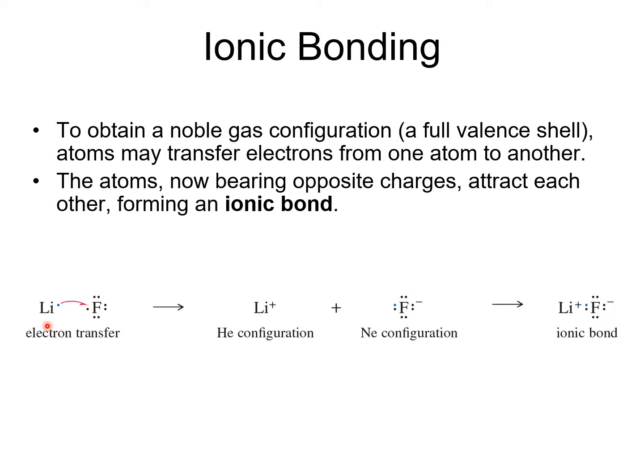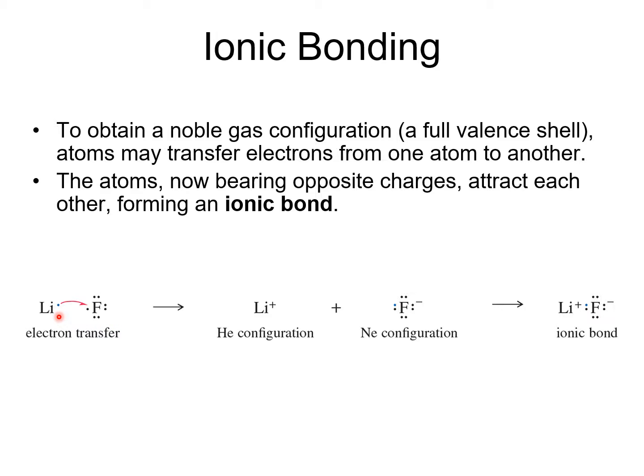Lithium is on the extreme left of the periodic table, in group 1. Fluorine is on the extreme right, in group 7. So it's between a metal and a non-metal, between two elements on opposite sides of the periodic table.